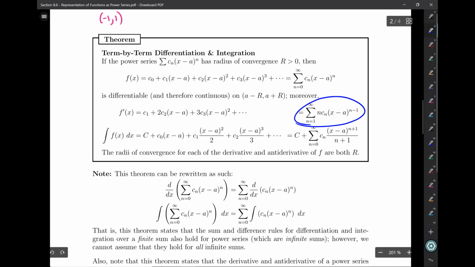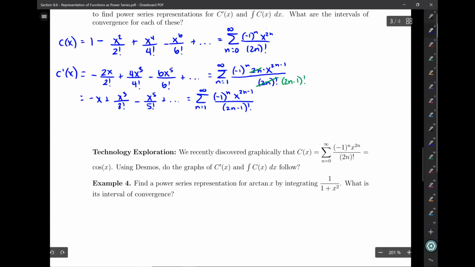And that's essentially just from the power rule, because when we take 1 away from the exponent here, we need this to still start at 0, as opposed to starting at a negative 1. And so we just have to increase that index by 1 so that we end up having this starting at 0 like the original power series did. Okay, so this is the power series representation for the derivative of c, so c prime of x. Let's take a look at the integral.